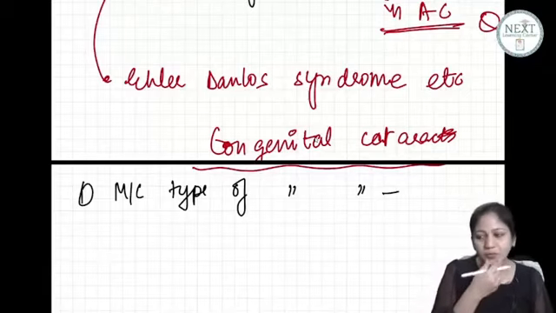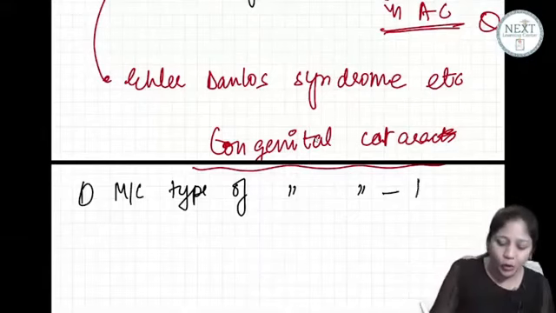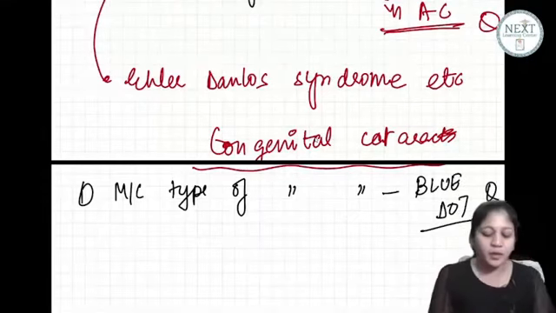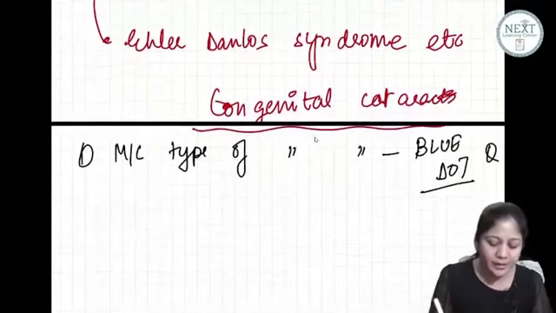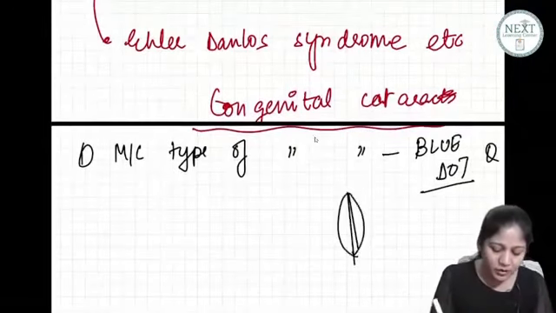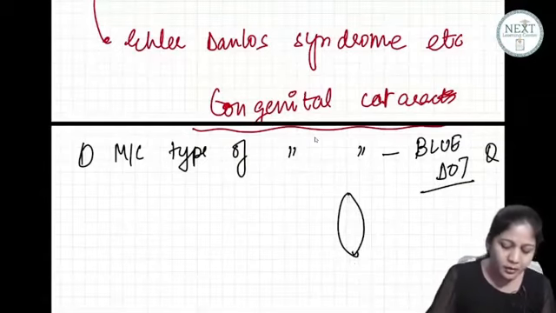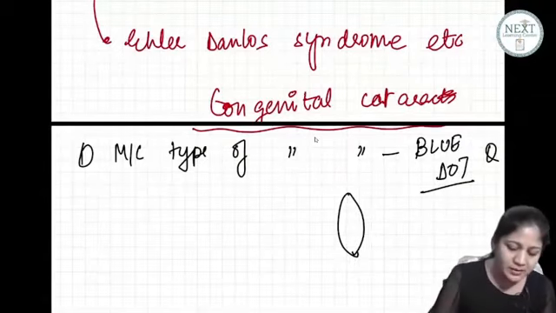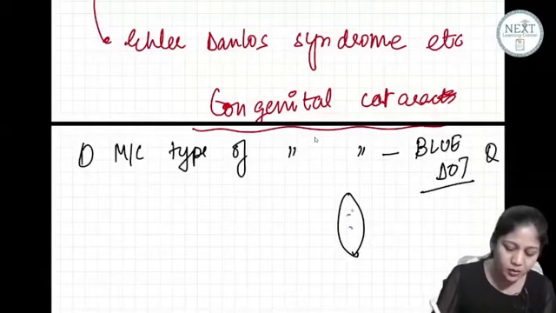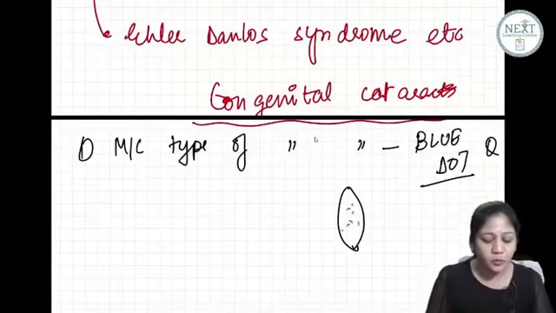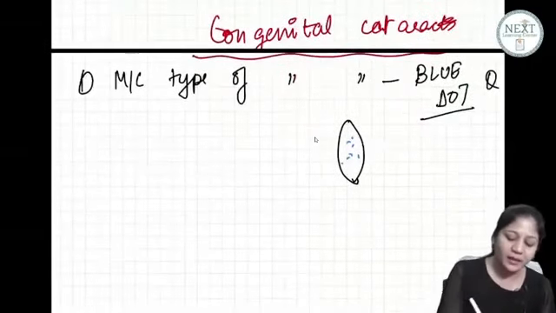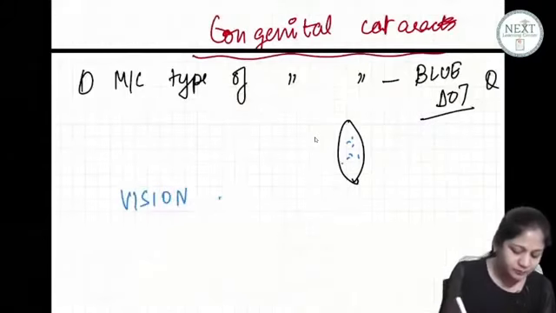Okay. The first answer is blue dot cataract, as Dr. Imam correctly said. The meaning of blue dot is that within your lens, you see a few small blue dots. Now, this blue dot cataract, though it is a cataract, vision remains normal.